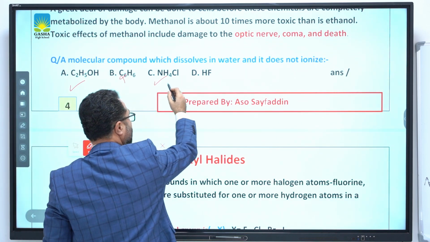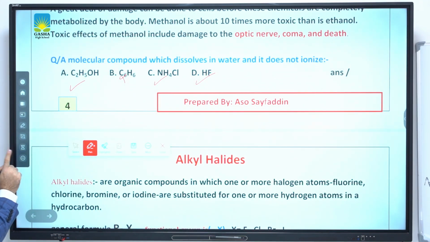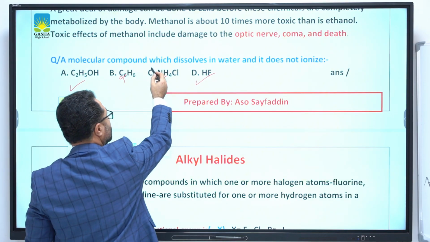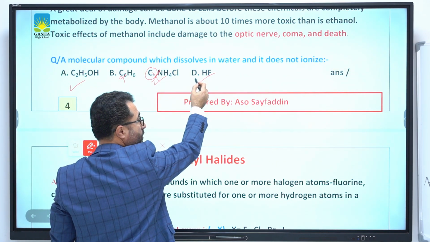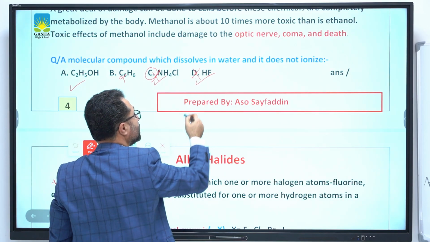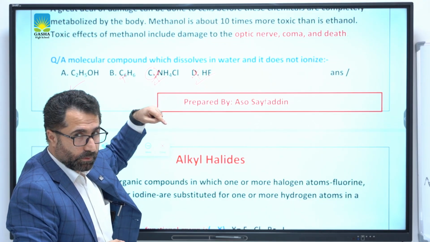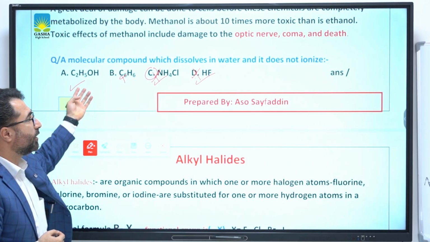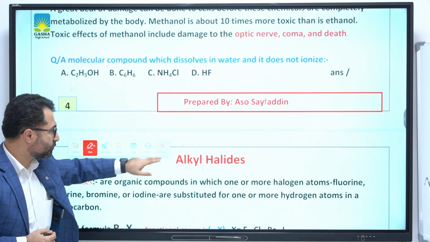Salt can dissolve in water. Weak acid can dissolve in water. But the question says it doesn't ionize. Both C and D: C dissociates in water, so it's incorrect. D dissolves but ionizes in water, so it's also incorrect. But alcohol dissolves in water and cannot ionize in water, so the answer is A.